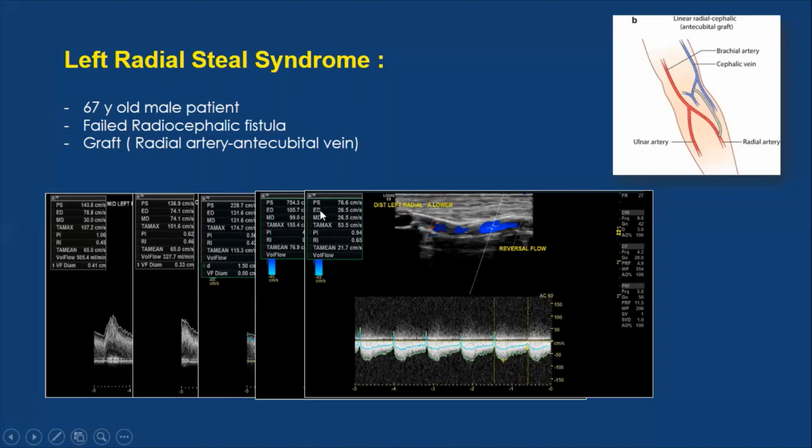Any flow towards the beam should be red, and away from the beam should be blue. So this is the brachial artery flow. Instead of going from the shoulder to the hand, it's going from the hand up in a retrograde manner. So in this case, it's reversal of flow.